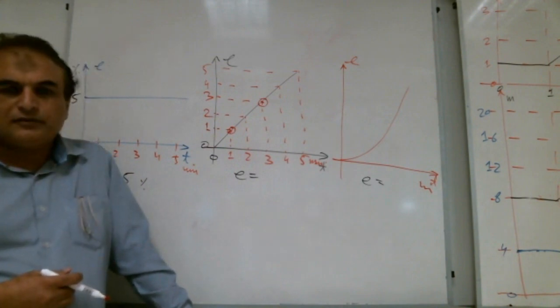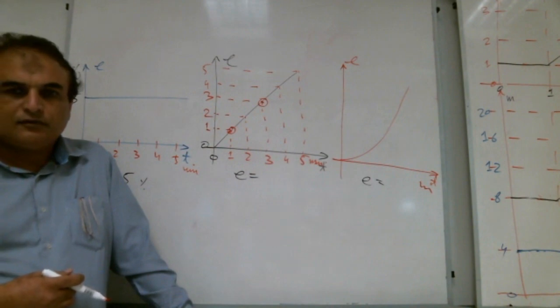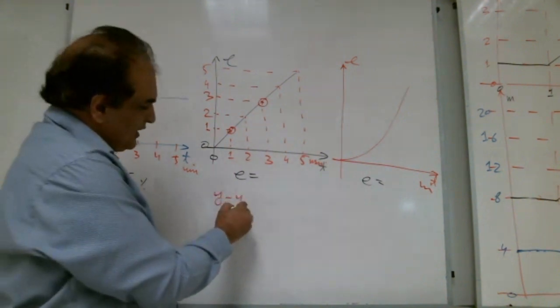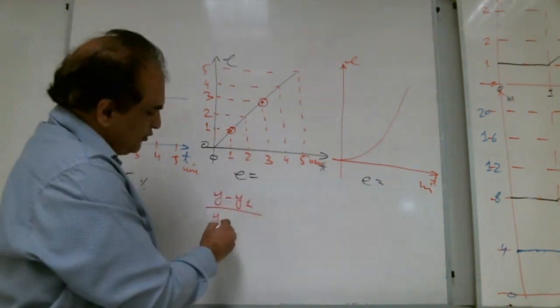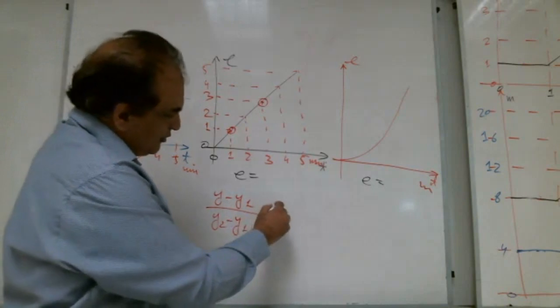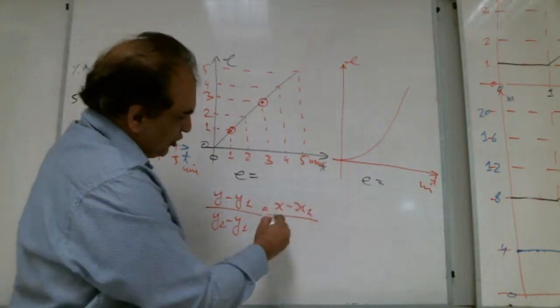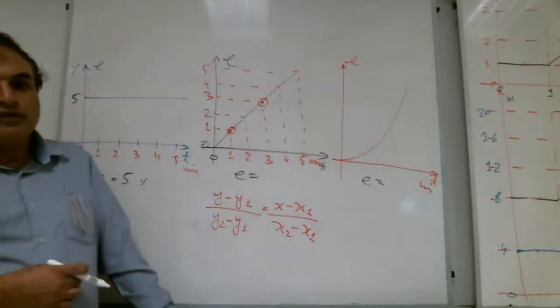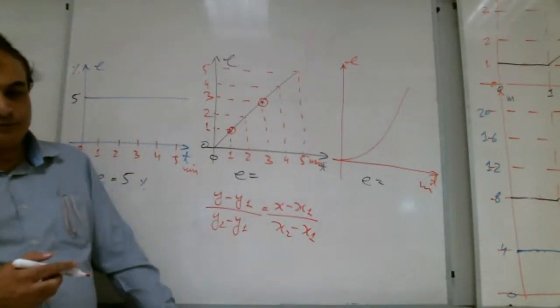Plus 1 over 3 minus 1 would be 1 over 1. (y - y1)/(y2 - y1) = (x - x1)/(x2 - x1). If you apply this equation, what do you get?